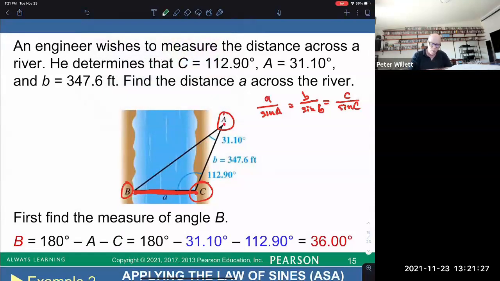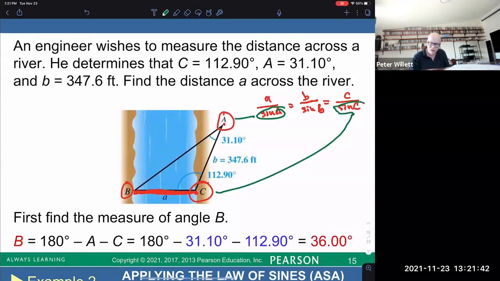So let's look at what we're given. We are given angle A, so we could figure out sine of angle A. We are given angle C, so we could plug that in and find the sine of angle C.